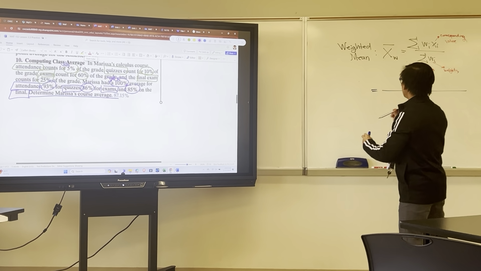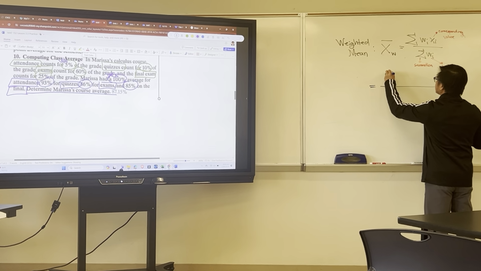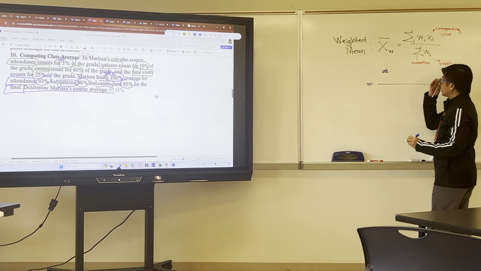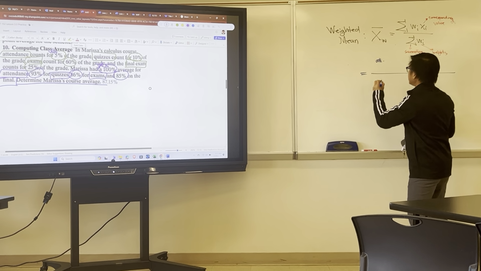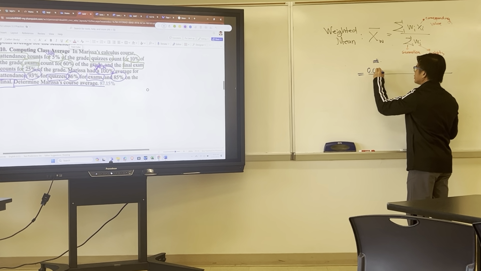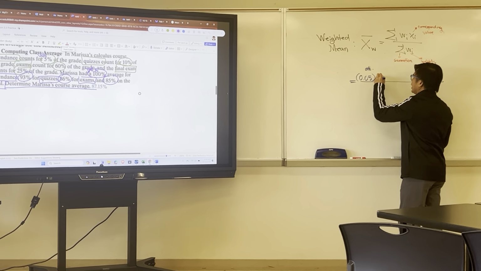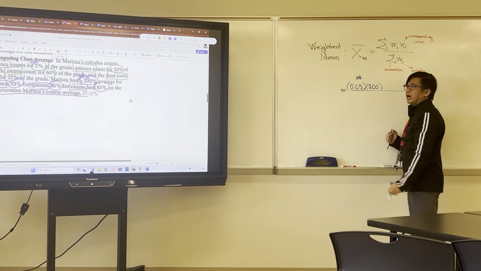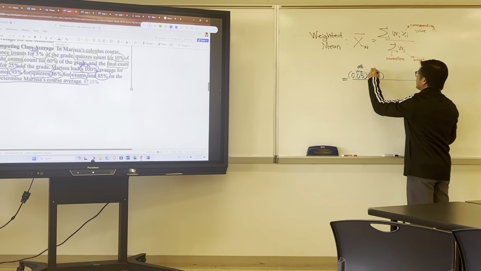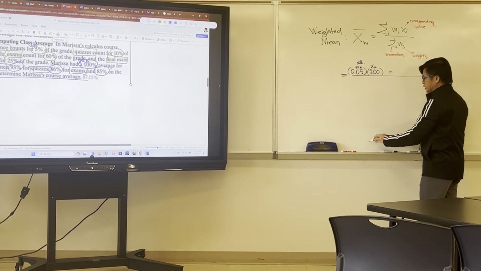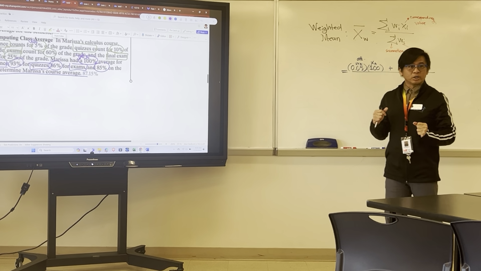So for the attendance, that's the first consideration for the weight. It says 5%, so we can put in here 0.05 in terms of decimal. And she got 100%. So that's your WA XA, considering the attendance part of the grade.